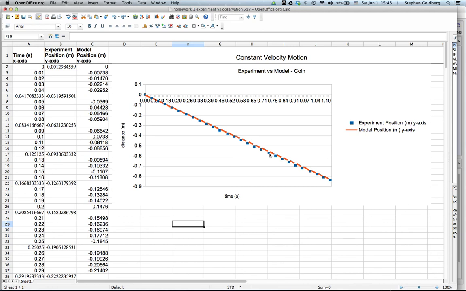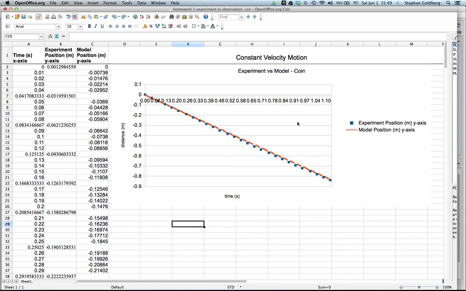Factors for this could be friction of the coin to the surface, or drag between the coin and the air it passes through, or there's a slope in the table that I've used, and the coin was accelerating here, becoming faster than the model.